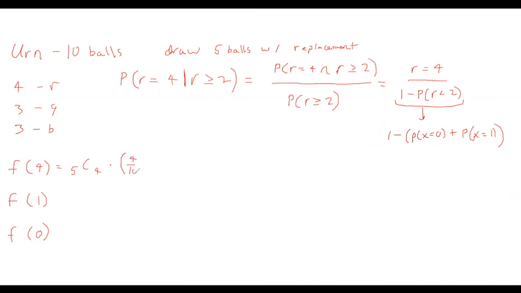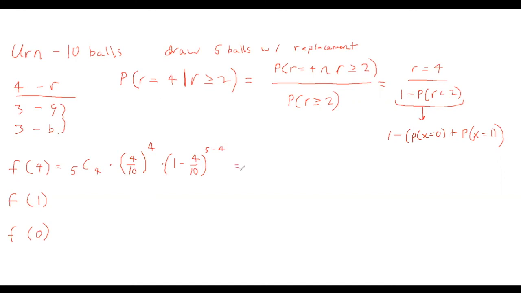And we have 4 successes, times the complement. If this is red, then the complement must be everything else. In other words, 1 minus 4 over 10, which is 6 over 10, which is what 3 plus 3 adds up to. And this is going to be raised to the 5 minus 4.